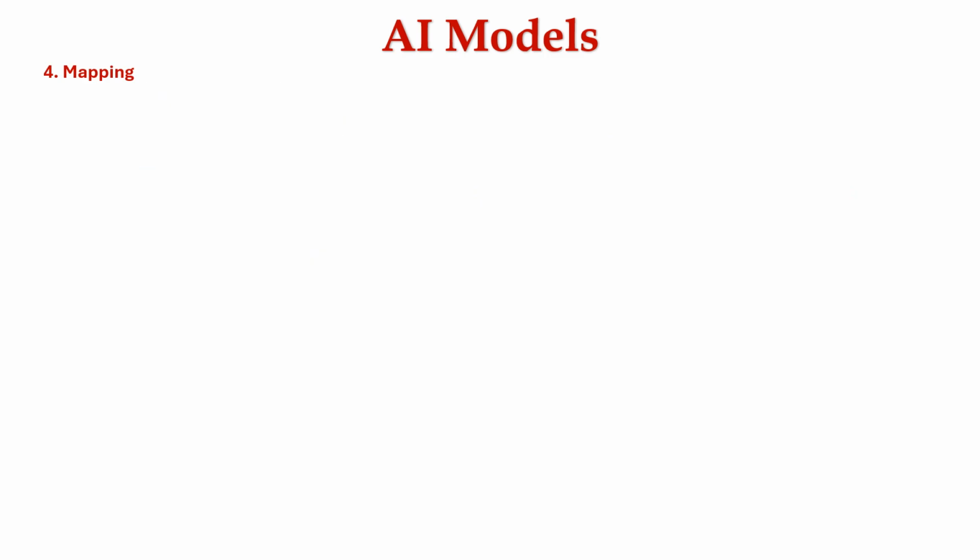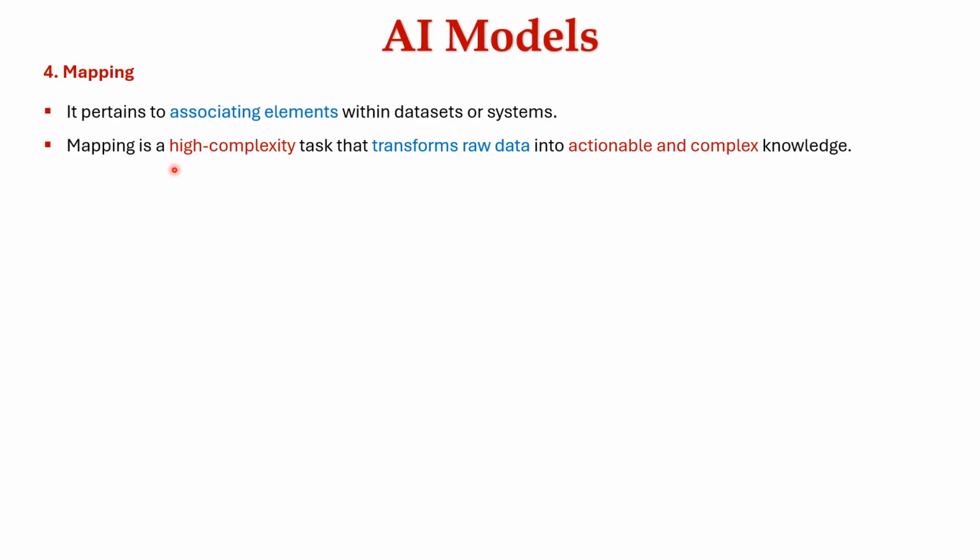And the last key area which we are going to learn is mapping. It pertains to associating elements within datasets or systems. Mapping is a high complexity task that transforms raw data into actionable and complex knowledge.